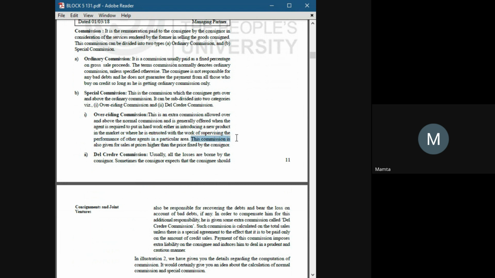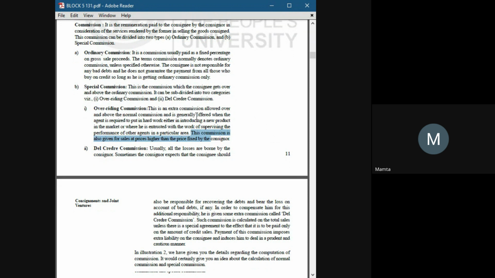This commission is also given for sales at higher prices than the price fixed by the consigner. Suppose the consigner has fixed the price for the goods sent on consignment at 700 rupees, but the agent has sold those goods for 1000 rupees, meaning 300 more. In that case, they will ask for the overriding commission.